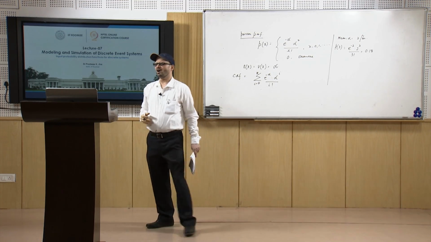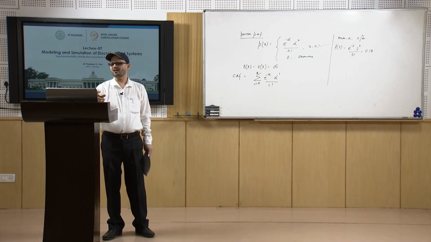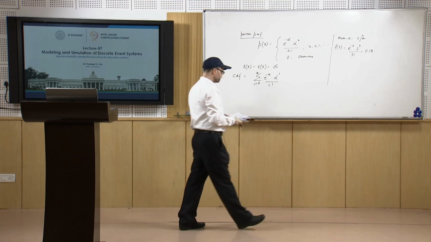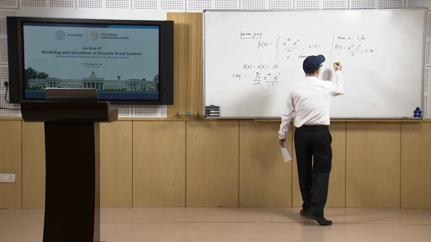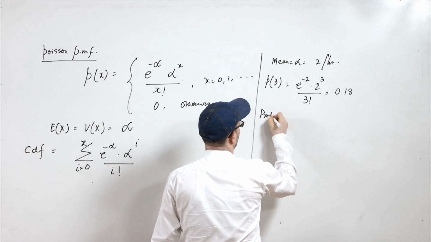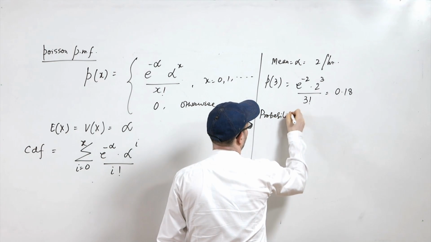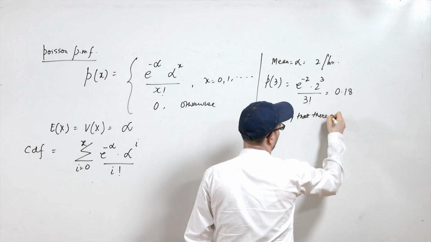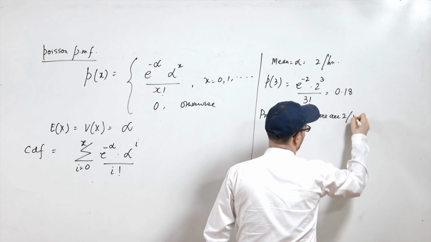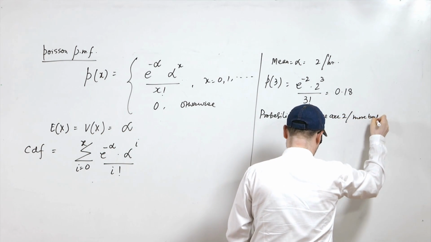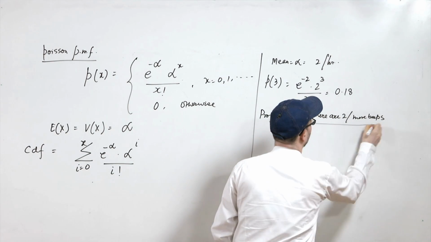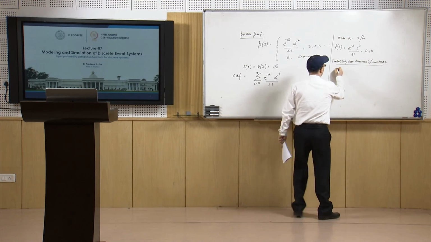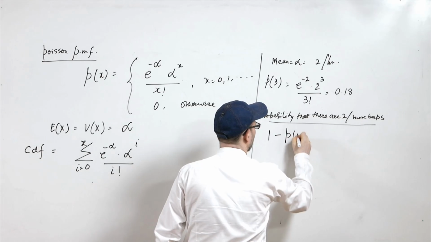Then if you want the probability that there are 2 or more beeps in a 1 hour period, it means you have to subtract from 1 the probability of either 0 or 1 beep.